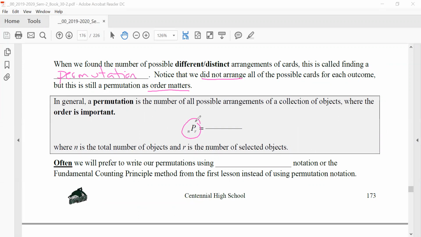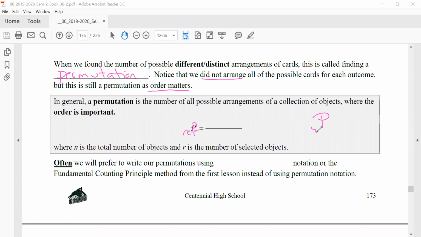Now, again, you should have watched the video that shows you how to find this in your calculator and how to put it in. So what this says is I've got a permutation, so that's my P right there, permutation. N says how many objects there are, R is how many I'm using. So for the last question, I would have said order matters, so it's a permutation.